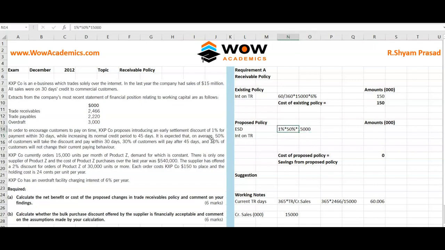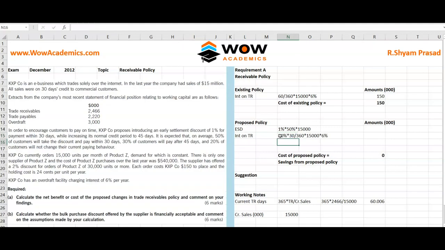So 50% of the credit customers will get the 1%. The next one is the interest on the trade receivables. We can copy this and use the same. It says 50% of the customers will take the discount and pay within 30 days. So we'll get the answer for this.